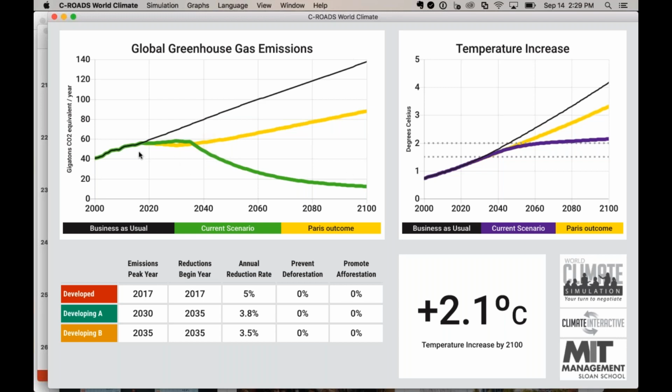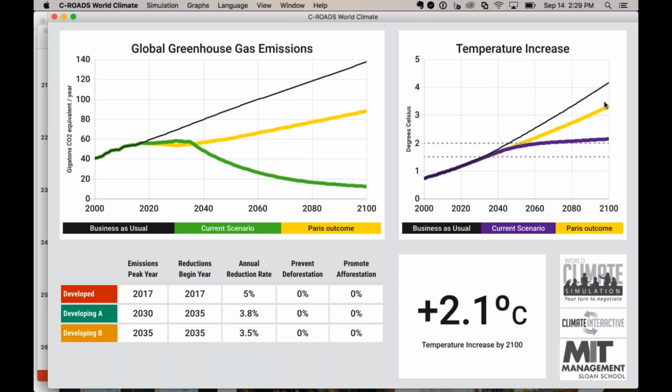So the pledges to date, most of the pledges only go to about 2030. So they bring us down that amount. And what will happen in the next 60 years or so, we don't yet know, but we assume that countries hopefully will take further action so that curve can continue to bend down. But because we don't know yet, there's no policy there.